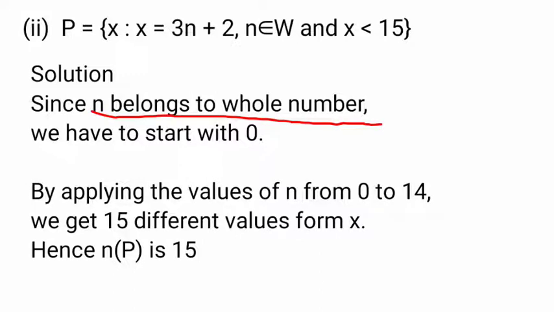Solution: since n belongs to whole numbers, we have to start with 0. By applying the values of n from 0 to 14, that is, x less than 15 means up to 14, we get 15 different values of x. Hence n of P is 15.